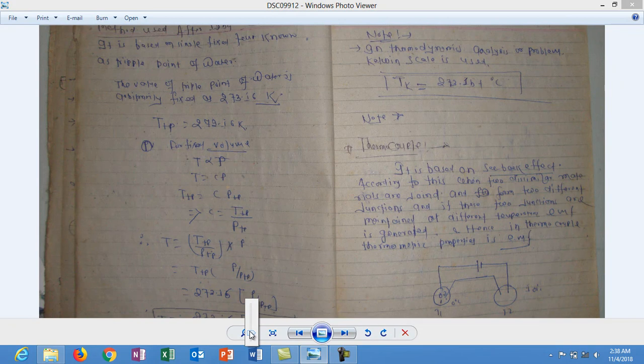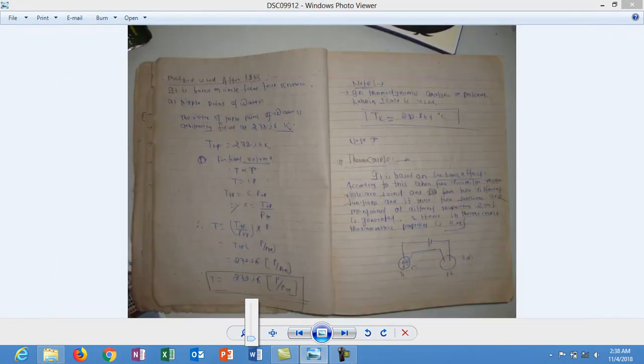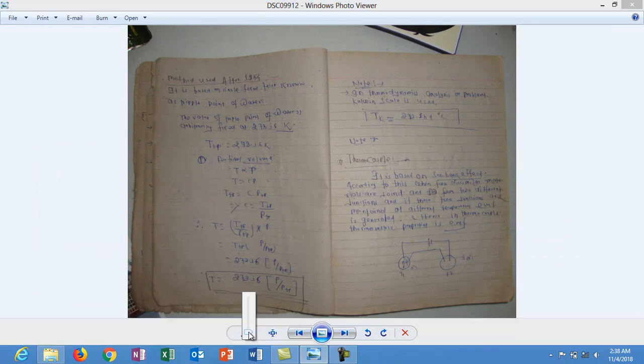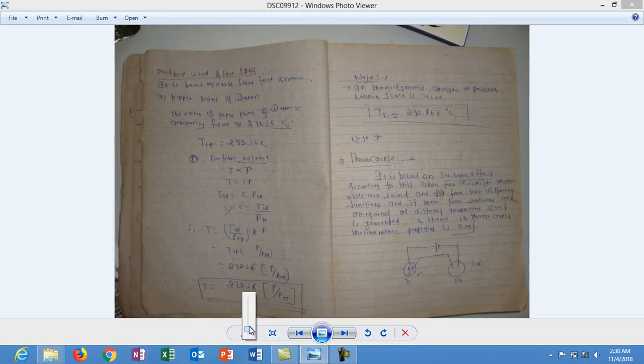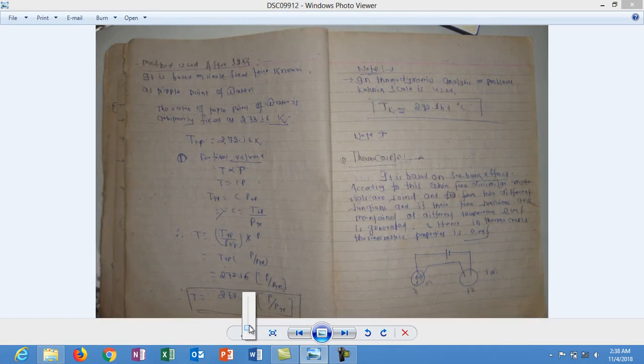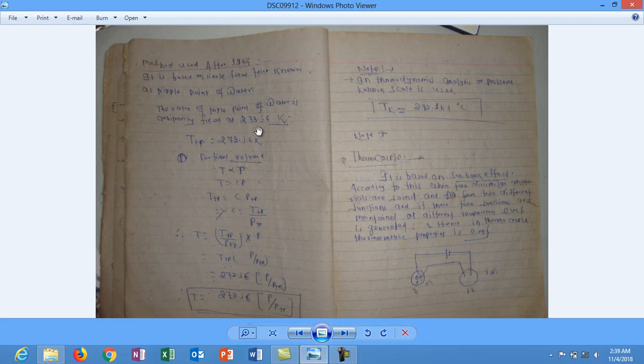It might be observed that after 1954, temperature measurement was based on a single fixed temperature instead of two different temperatures. After 1954 only one single temperature was used.